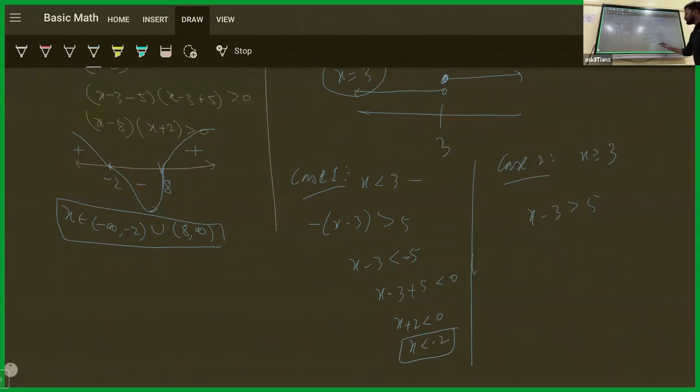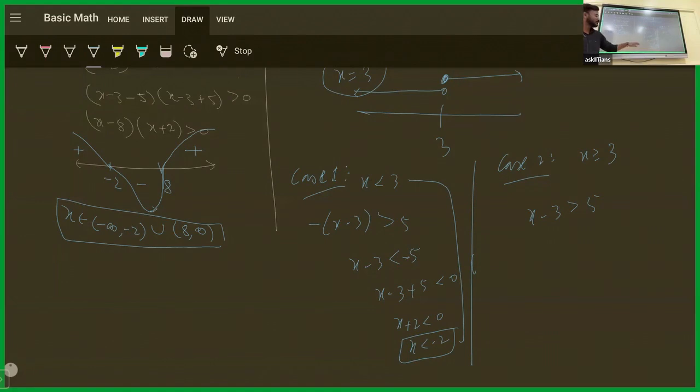Now we need to take intersection of these two in case 1. Can anyone tell me what is the intersection of these two? x is less than 3 and x is less than minus 2. What is common between these two intervals? x less than minus 2 is common.